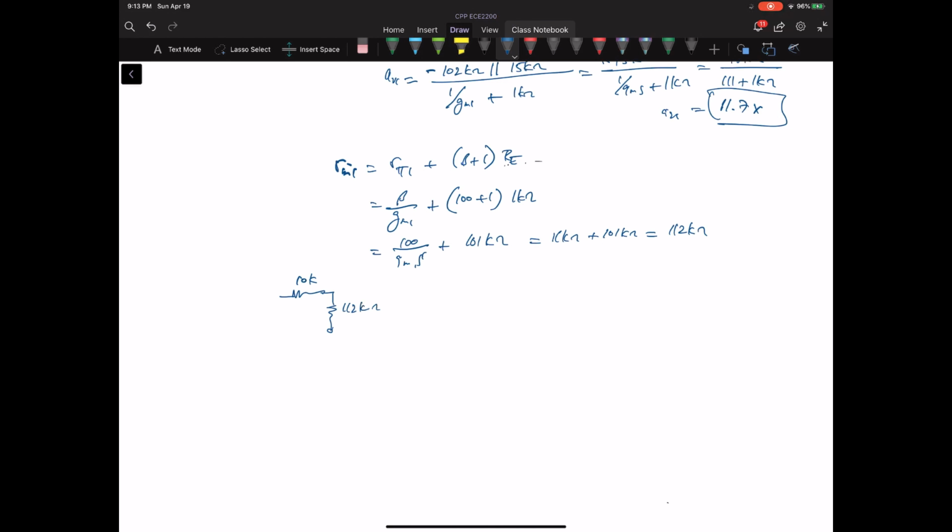So we add 112 k ohm plus 10 k ohm, and the attenuation going into the input is 0.91.